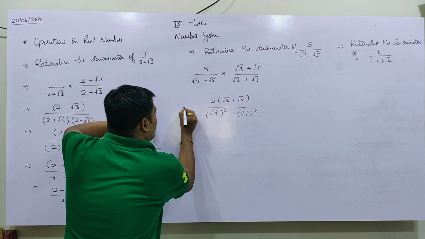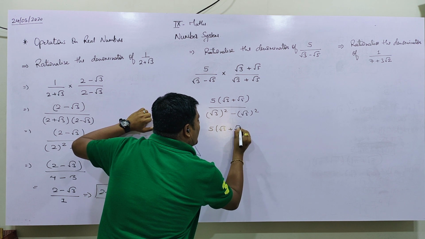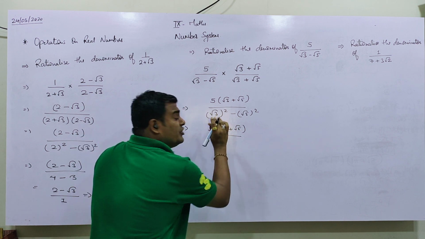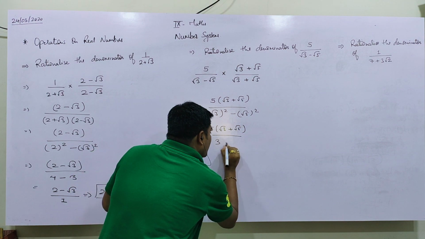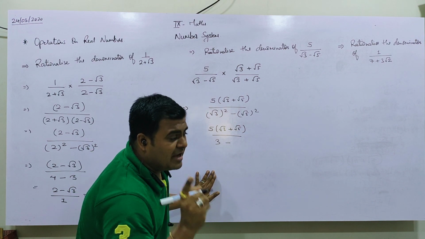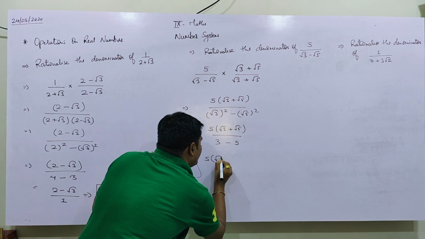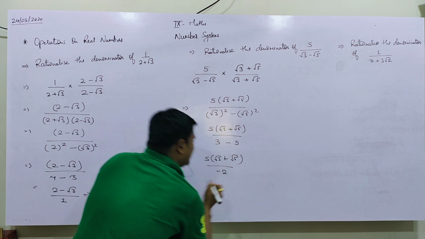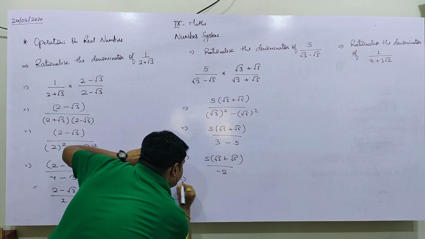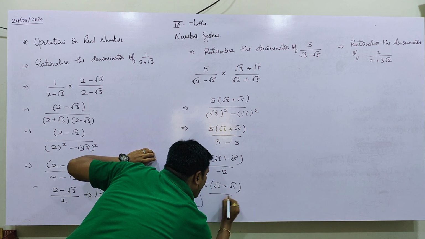Let us now solve further. 5 into root 3 plus root 5 upon root 3 into root 3, which will be equal to 3, minus root 5 into root 5 will be equal to 5. So we will get 5 root 3 plus root 5 upon minus 2, which is equal to minus 5 root 3 plus root 5 upon 2.